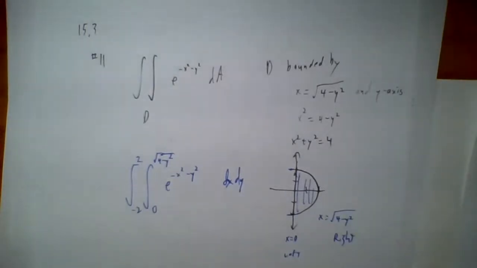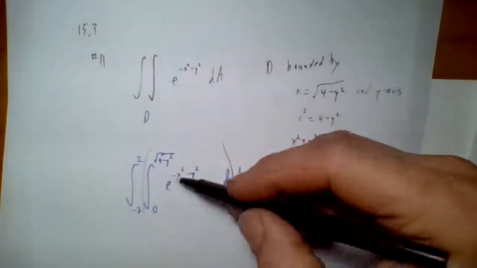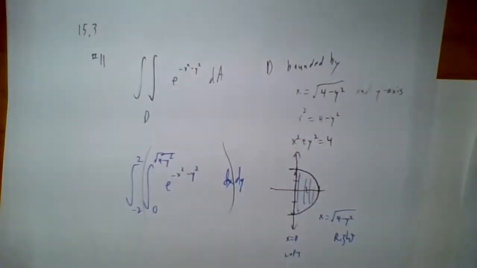No problem, except there is no antiderivative of that function with respect to x. So the setup worked great, but trying to integrate that with respect to x is not going to work right. This kind of function is not the kind that has a nice antiderivative.